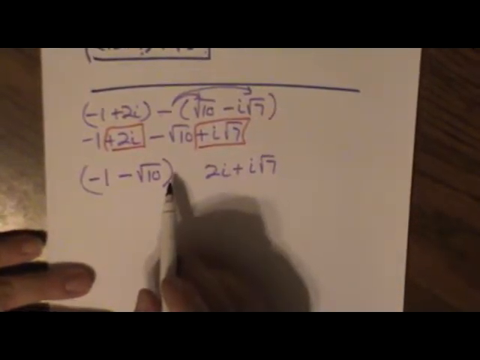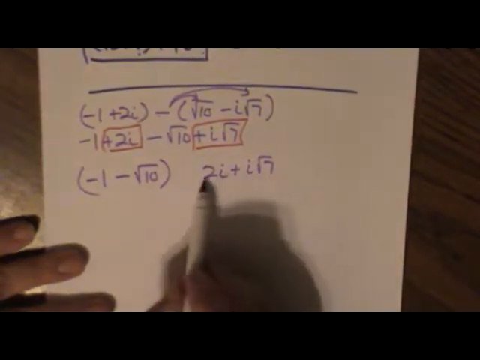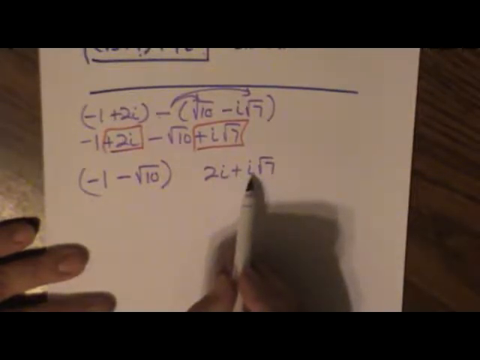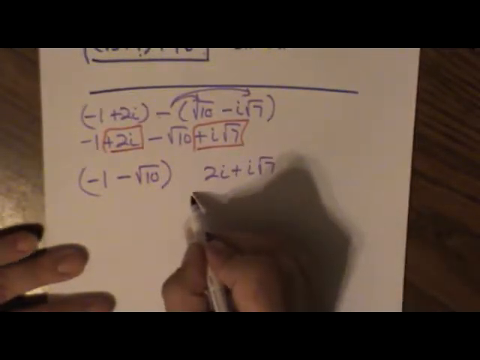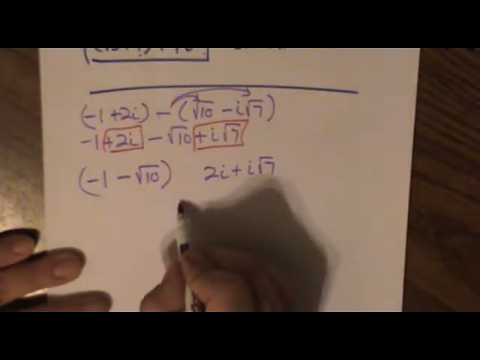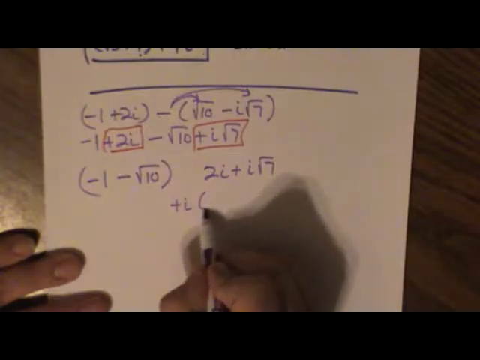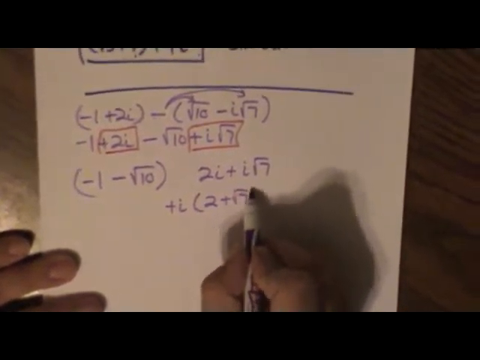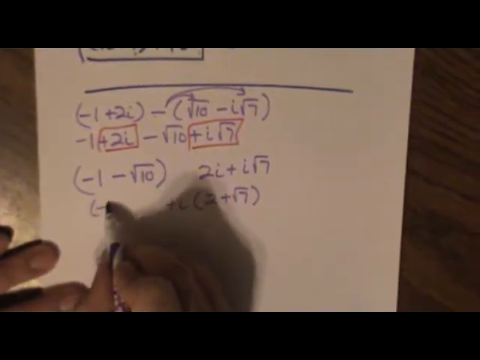Now, when you have two things that have an i in them, we're going to factor that i out. On this one, we have both positives, so we're going to have a positive i outside. We have 2 plus the square root of 7.